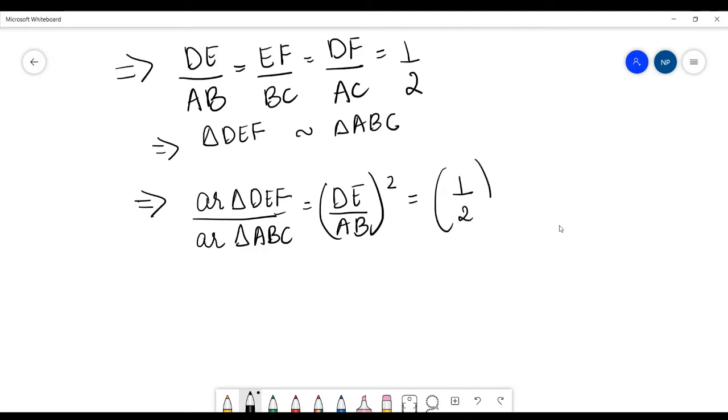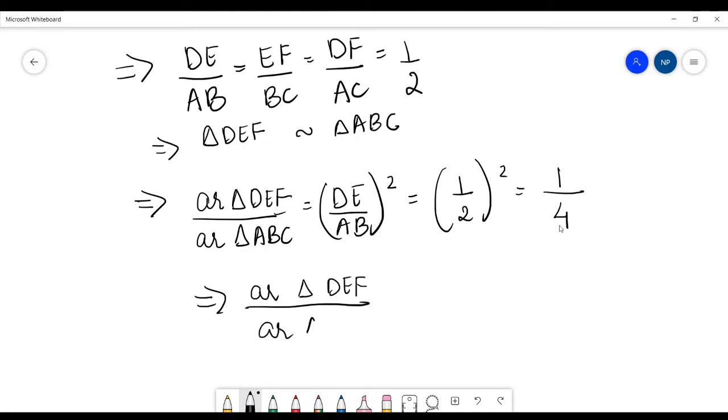The ratio will be 1 by 2 whole square. Open up the brackets: 1 ones are 1, 2 twos are 4. So the area of triangle DEF upon area of triangle ABC is in the ratio of 1 upon 4. So over here the ratio is 1 is to 4.